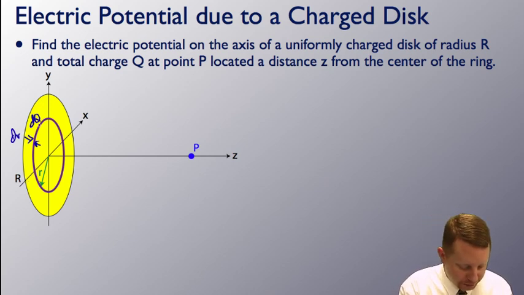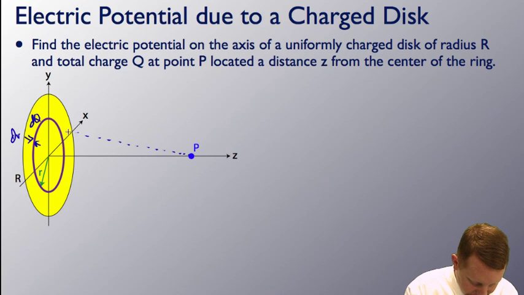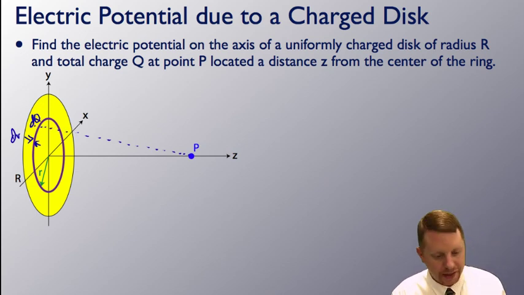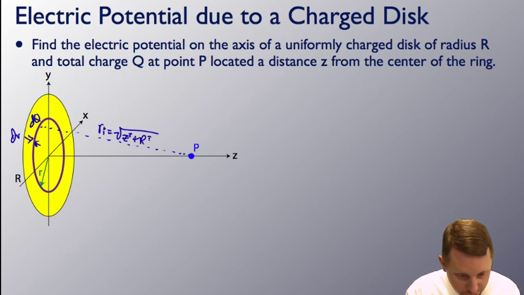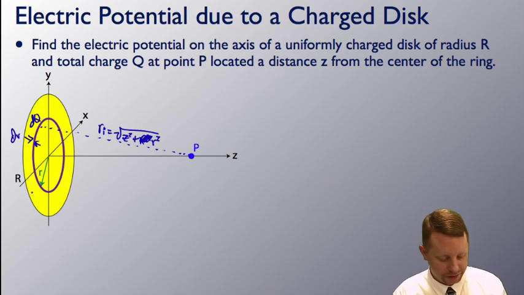The charge of that ring is dq, and we also have the distance from that ring to point P, which we'll call ri, which, just like our last problem, is going to be the square root of z squared plus, well, we better make this one little r squared, because now we're defining capital R as the total radius. So from z squared plus r squared, whatever our r is as it goes from 0 to capital R.